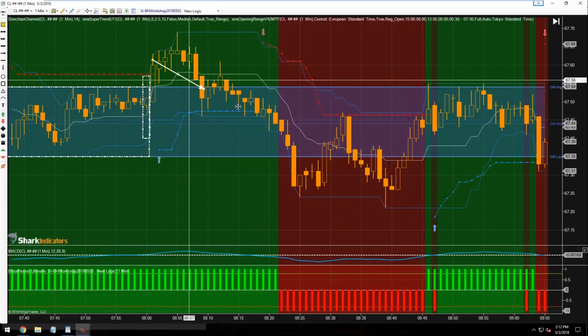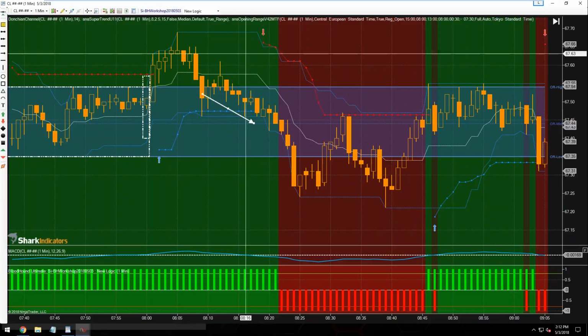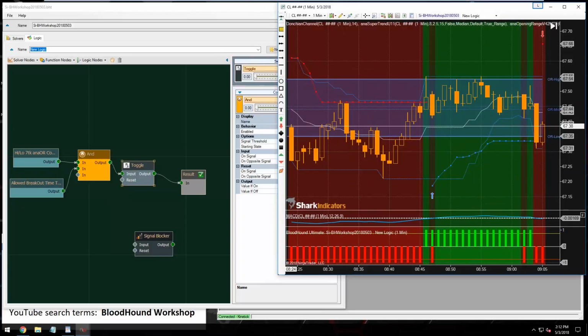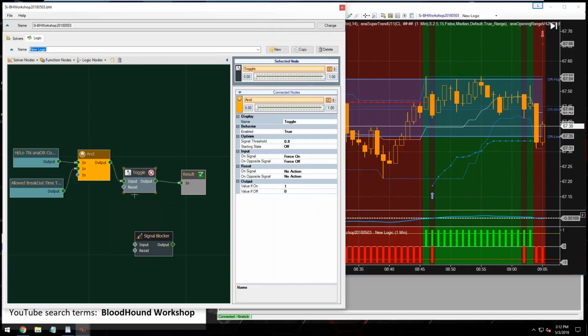So the toggle node is going to flip back and forth, but the reason I used a toggle node is that it has a reset. Okay, all right, get this figured out. This is going to be interesting.